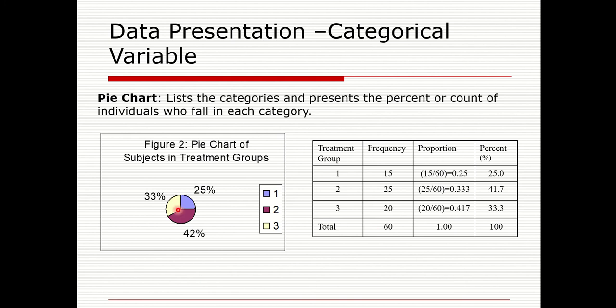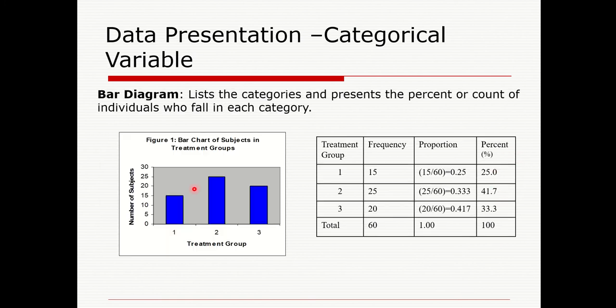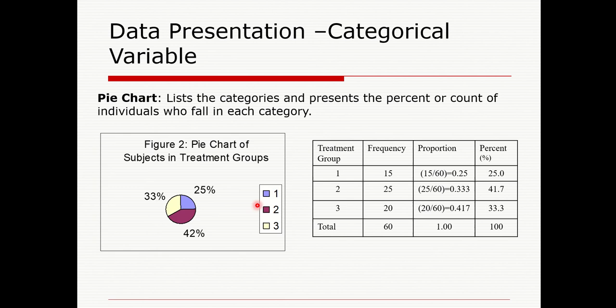So it's for these representations. Now, if we are using these percentages, we use pie charts. If we are using these frequencies like 15, 25, 20, we use a bar diagram, okay? For bar diagram, we use frequencies, and for pie chart, we use percentages.